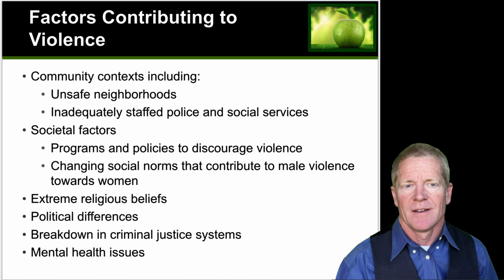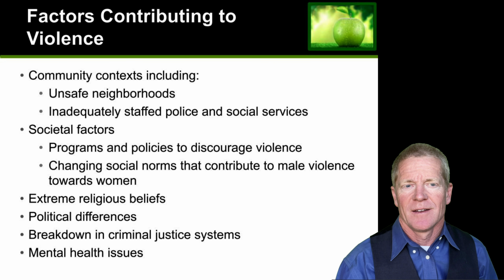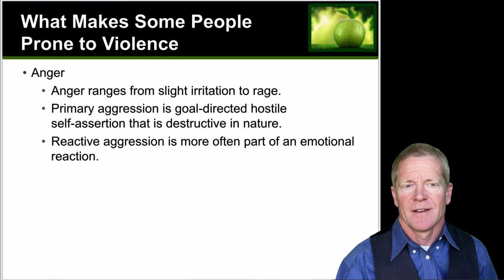Extreme religious beliefs, political differences, these can contribute to violence in society and need to be addressed. There are breakdowns in the criminal justice system. Incarceration of young people without support can lead to cycles of violence, and mental health issues and lack of support of people with mental health issues continues to be a problem in violent crime.